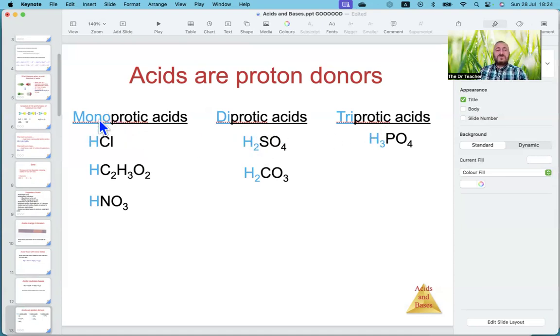If there is one hydrogen here, it's a mono. So it means one hydrogen donor, like HCl, HC2H3O2, and nitric acid, HNO3. Whereas the diprotic acids have 2 hydrogens, H2SO4, H2CO3. A triprotic acid is phosphoric acid.